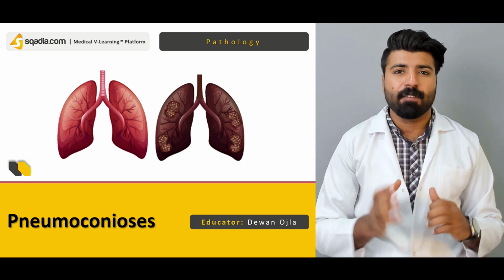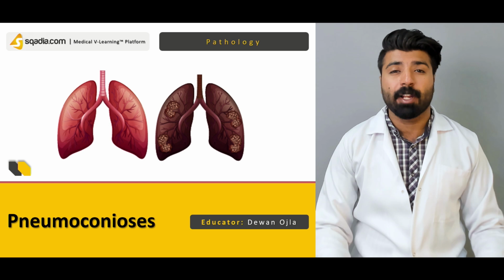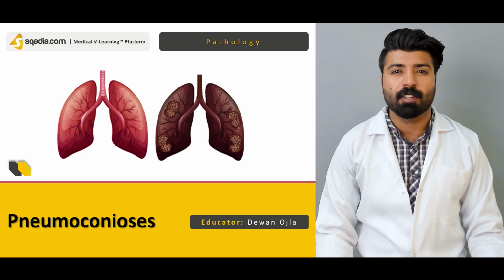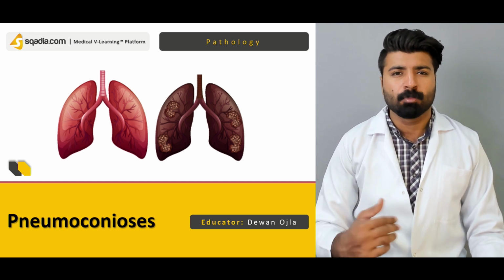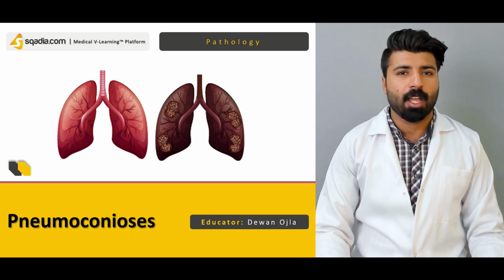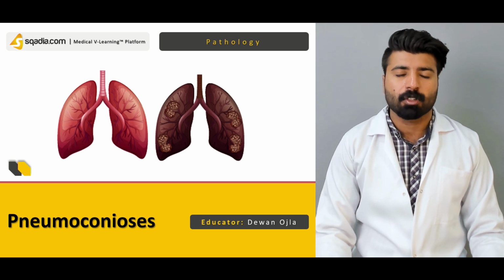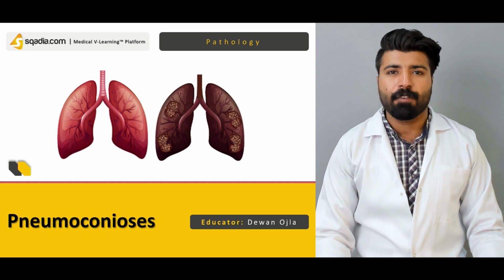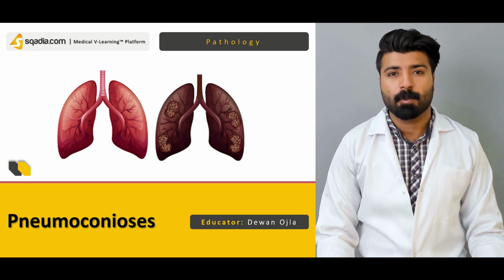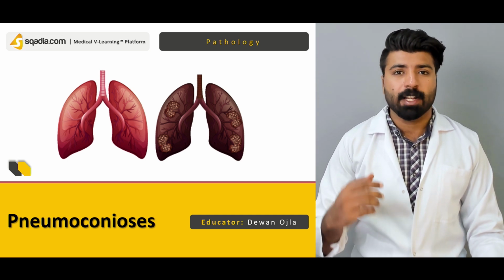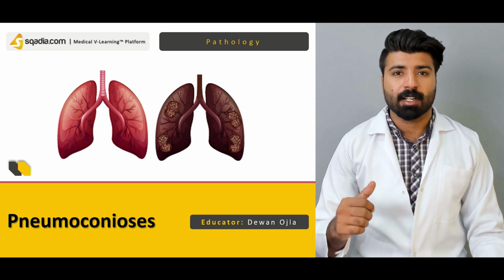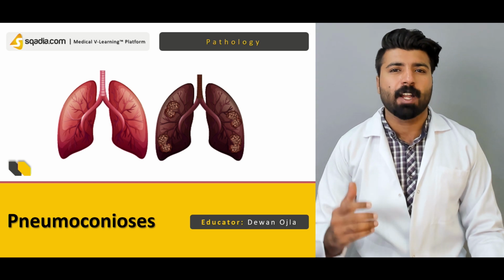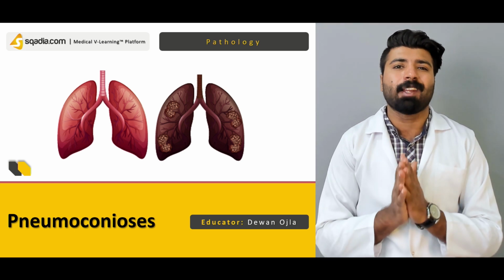So if FEV1/FVC of a normal patient is going to be 80%, in the case of restrictive lung disease, it's going to be more than 80% because FEV1 is the same or slightly reduced. For example, if FEV1 of a normal patient is 4 liters, meaning that he expired 4 liters of air in 1 second, and forced vital capacity was supposed to be 5 liters, it added up to 80%.